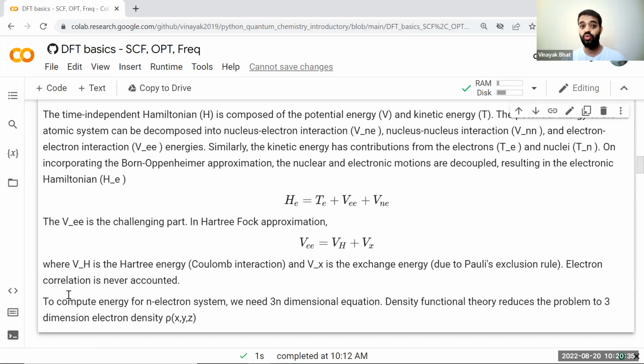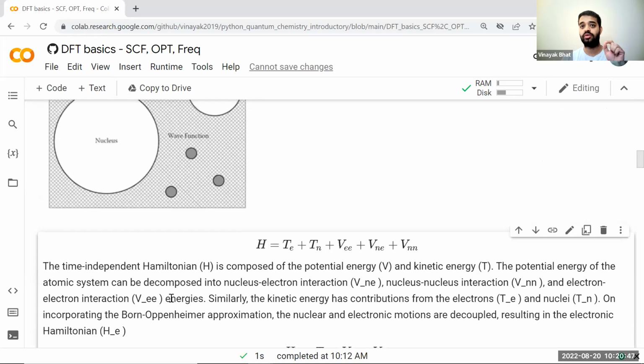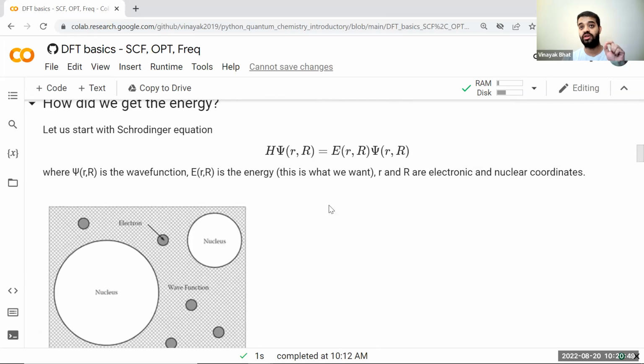So what we can then do is, if you want to compute energy for the water molecule that we have, in this case you would need the coordinates for each and every electron in the system, because R over here is the coordinate for those electrons that are involved.